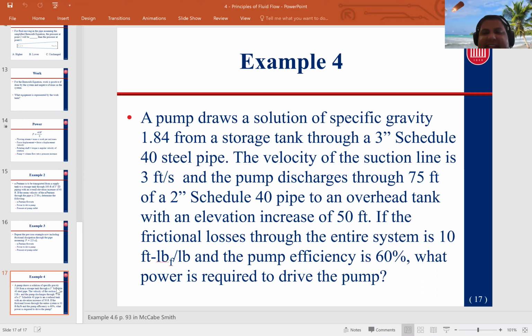The velocity of the suction line is 3 feet per second, and the pump discharges through 75 feet of a 2-inch Schedule 40 pipe to an overhead tank with an elevation increase of 50 feet. If the frictional losses through the entire system is 10 foot-pound force per pound and the pump efficiency is 60%, what power is required to drive the pump?